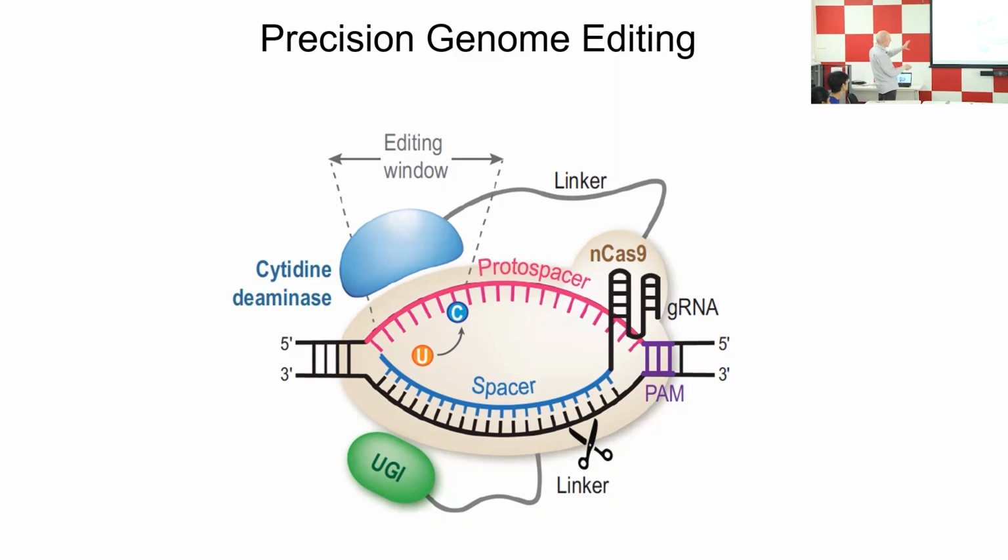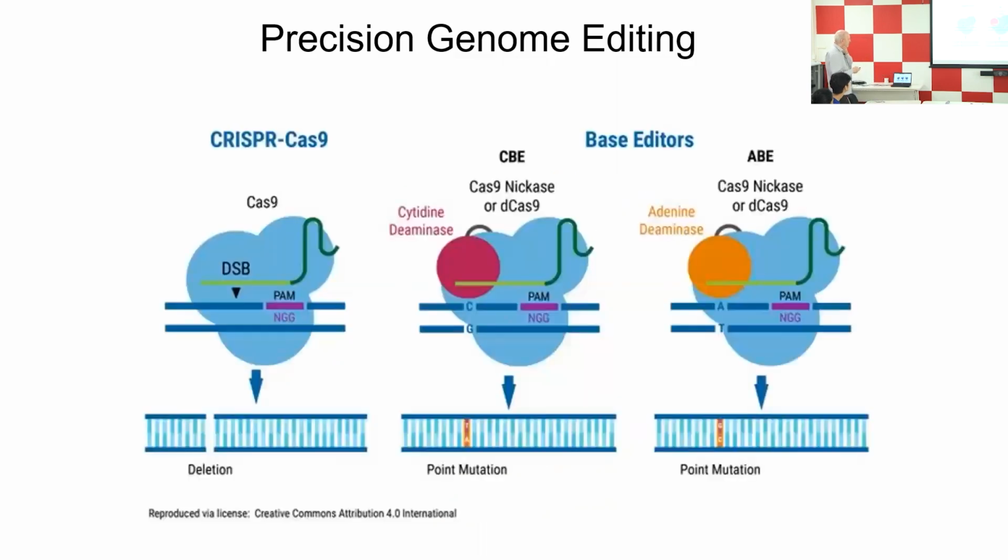take the complex and target it to a given location of the chromosome, and then without any recombination, without anything else, chemically or biochemically, a change between C and U will happen, and that will be the result of the whole operation. Okay, so that is very nice. So there are base editors.